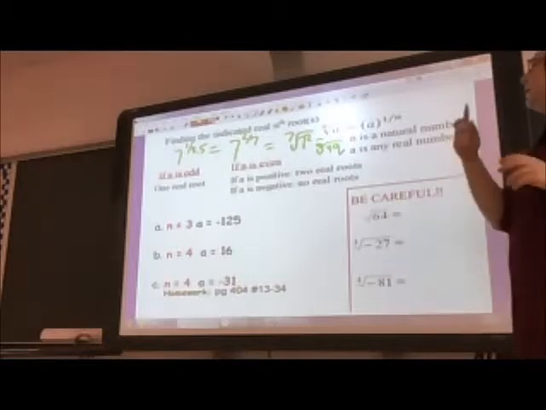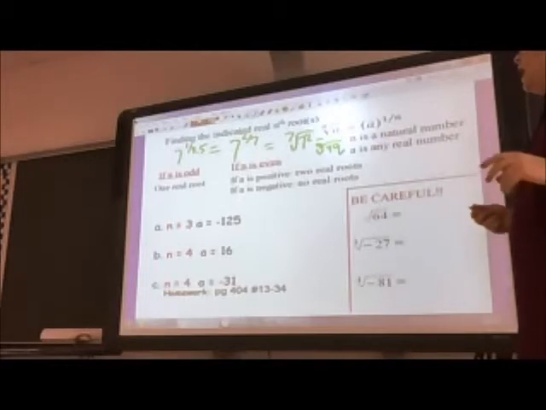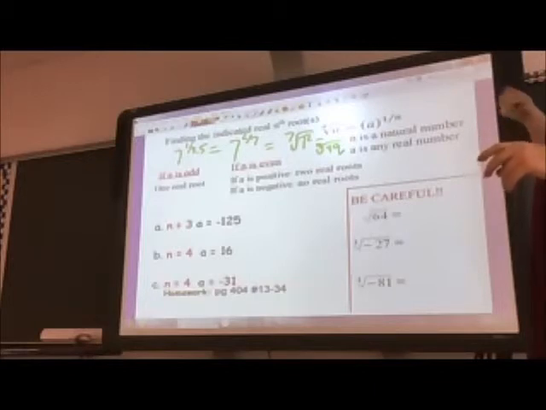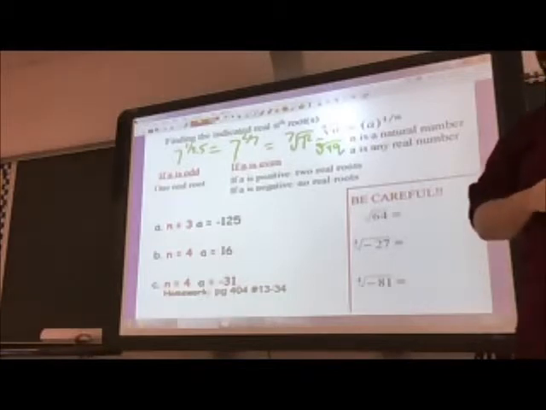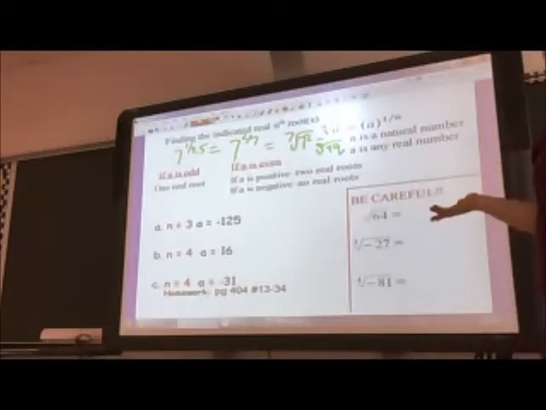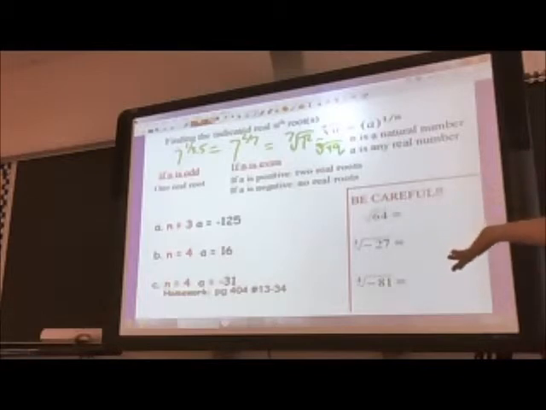So again, if n is odd, you get one real root. And if n is even and a is positive, you get 2 real roots, and if a is negative, no real roots. And that's what we're talking about using variables for. Because as you're well aware, with a simple square root, if we took the square root of 81, that's 9.